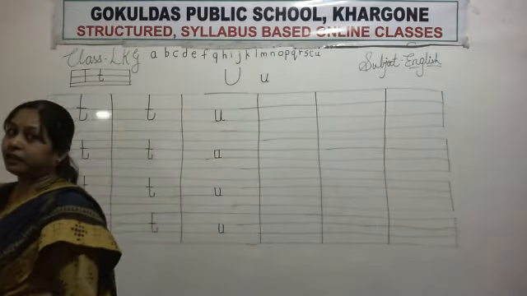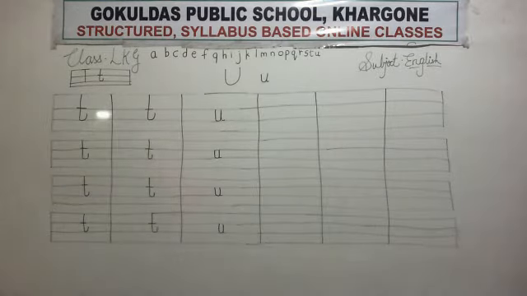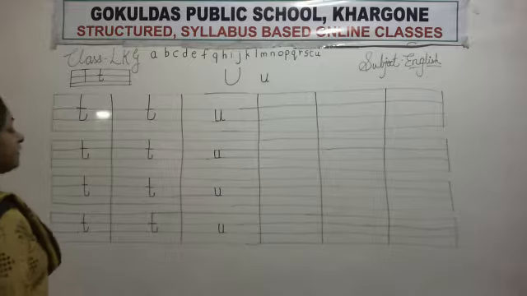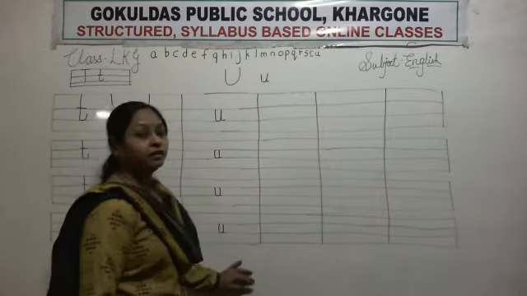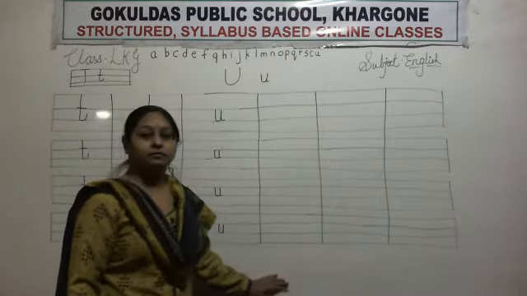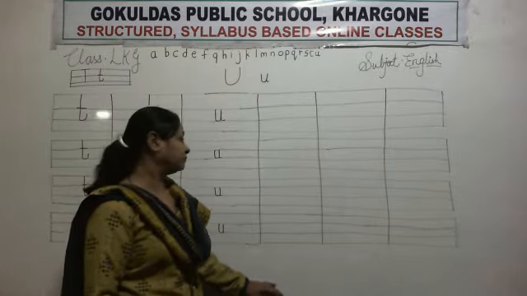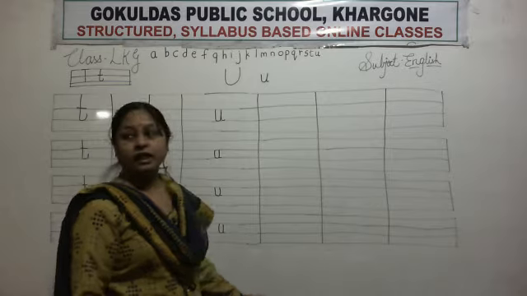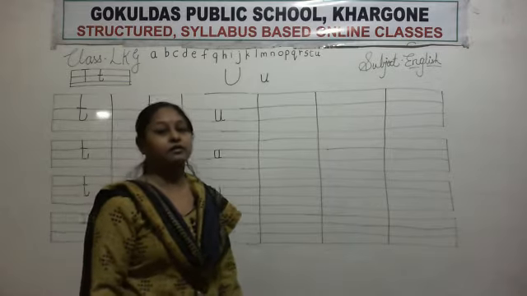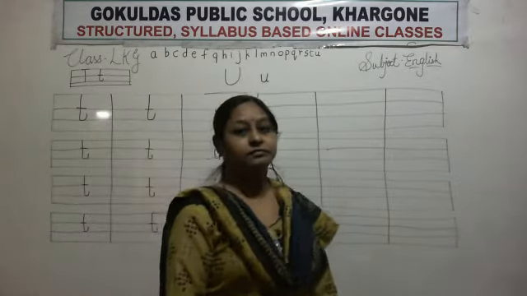You have to say and write. Okay. Don't write half a page. I don't have space. That's why I am writing half only. But you have space in your notebook, so you have to complete it. Okay. Done? Very good.